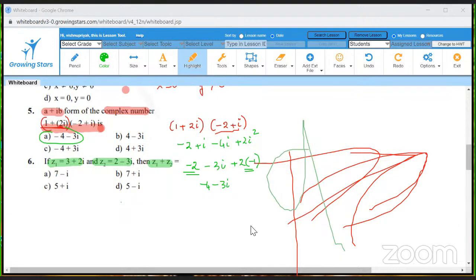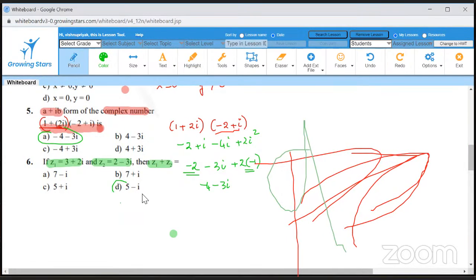Many are saying D. Yes, D is the correct answer.